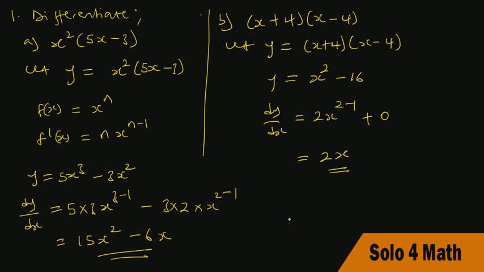If we consider another example, c, we are differentiating 6x to power 4 plus x squared over x. We can still let it be equal to y for the same purpose explained before, just to relate the derivative to dy dx.